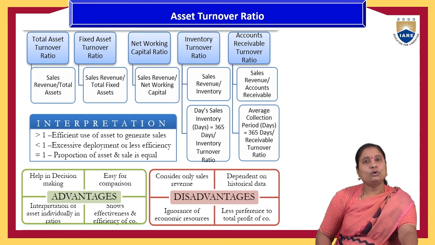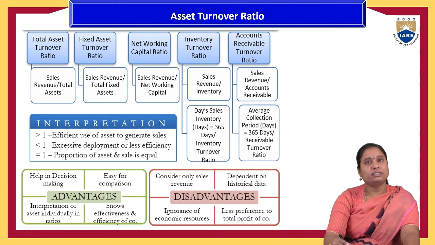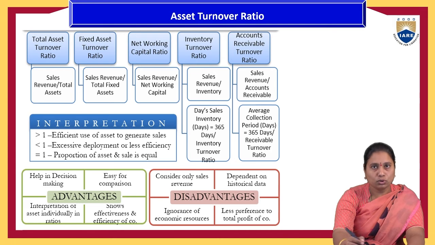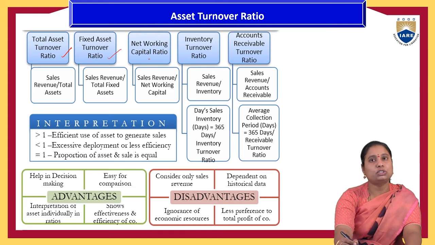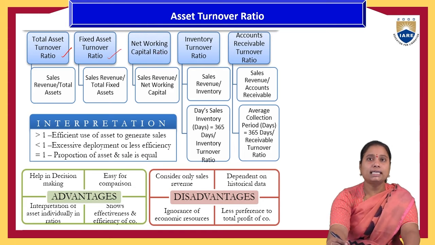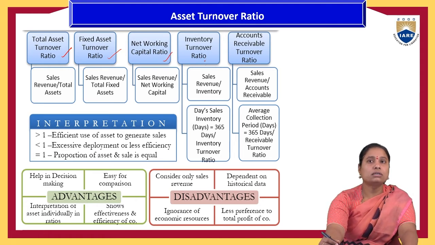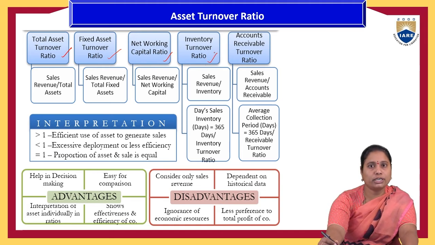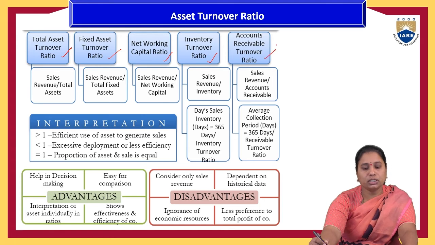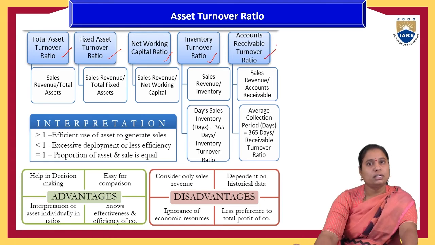Now the assets turnover ratio formulas. If total assets are considered, it is the total assets turnover ratio; if only fixed assets are considered, it is called the fixed assets turnover ratio. If only current assets, then it is the net working capital turnover ratio. If only goods sold, it is the inventory turnover ratio, and if only account receivables, the account receivables turnover ratio.